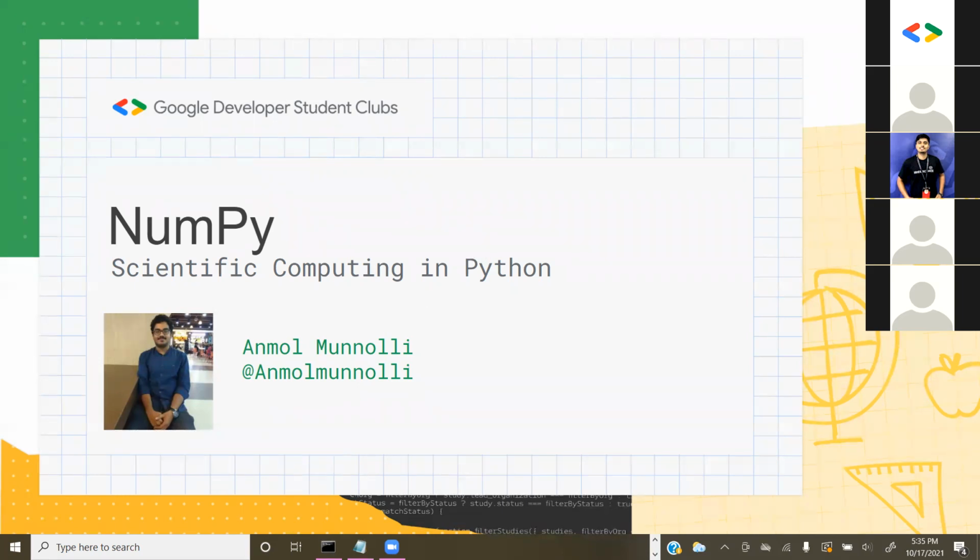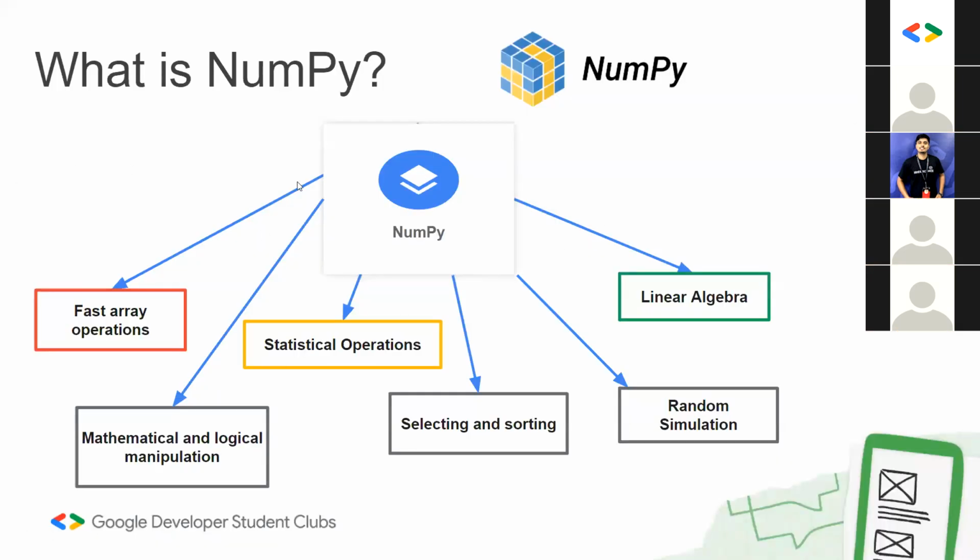So I will be covering NumPy. NumPy stands for Numerical Python. It is a fundamental package in Python used for scientific computing. Now, this was created in 2005, and it's an open source library, which means it is free to use. And this NumPy library is mainly used to perform array operations.